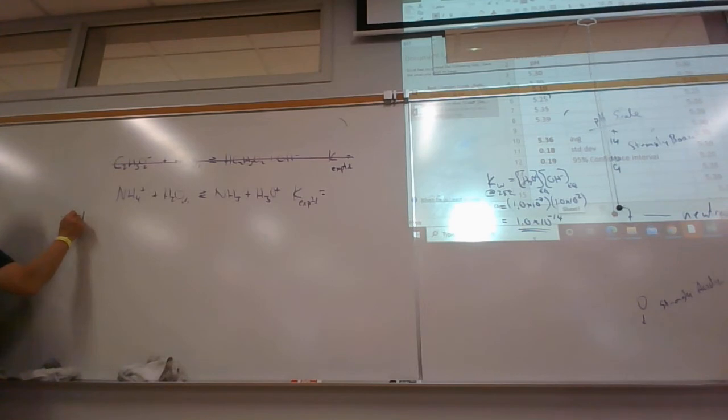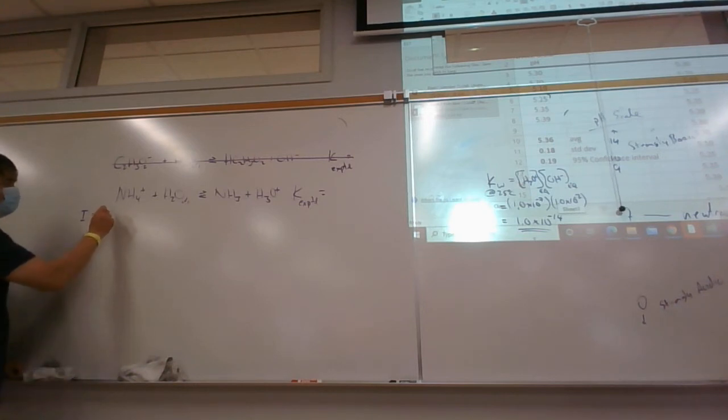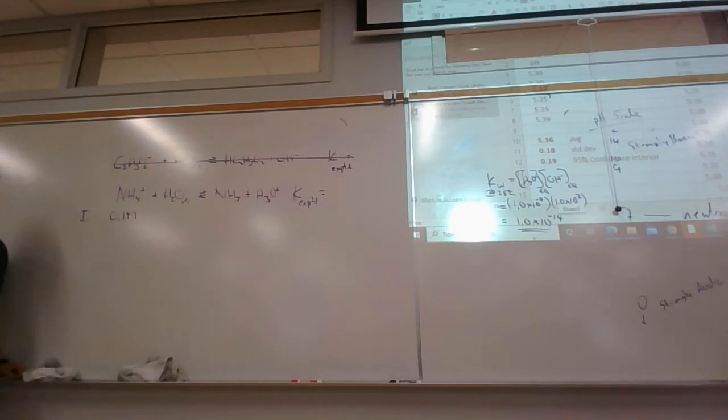So this is going to look kind of complicated because this would be more of a challenging problem. But what we want to do is this. What was the concentration of ammonium? It was 0.1 molar, just 1 sig fig, right?